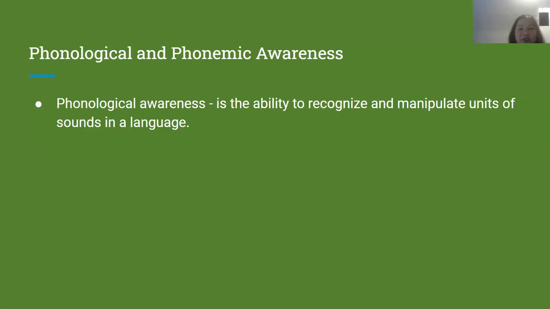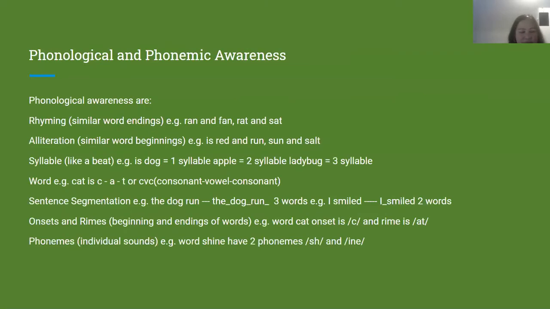Phonological awareness is the ability to recognize and manipulate units of sounds in a language. What is included in phonological awareness, compared to phonemic awareness, in the next slide? Phonological awareness includes rhyming. Example: run and fun, rat and sat.